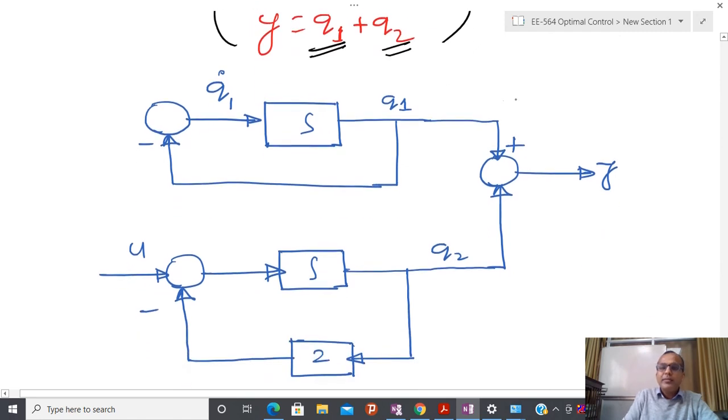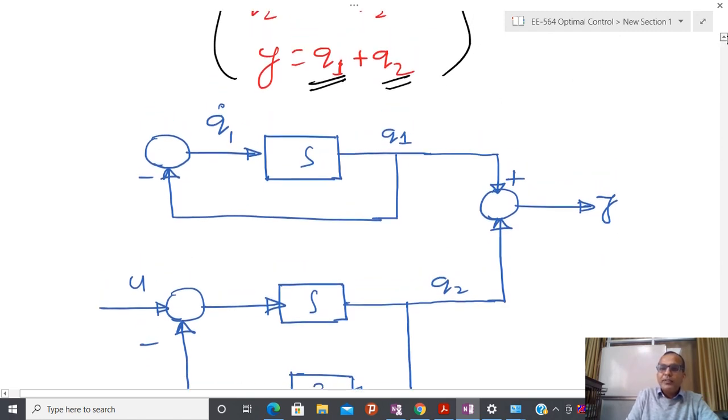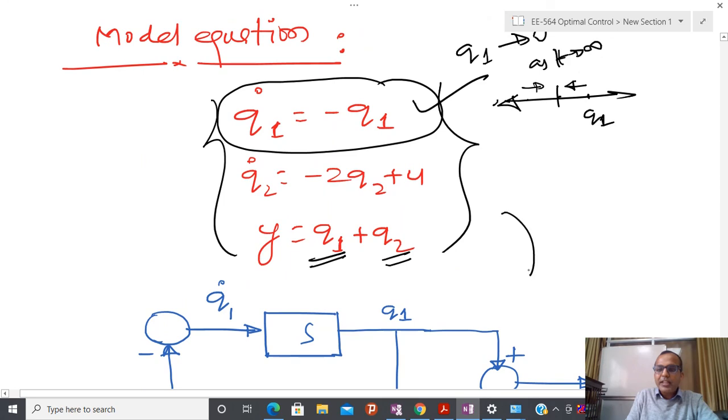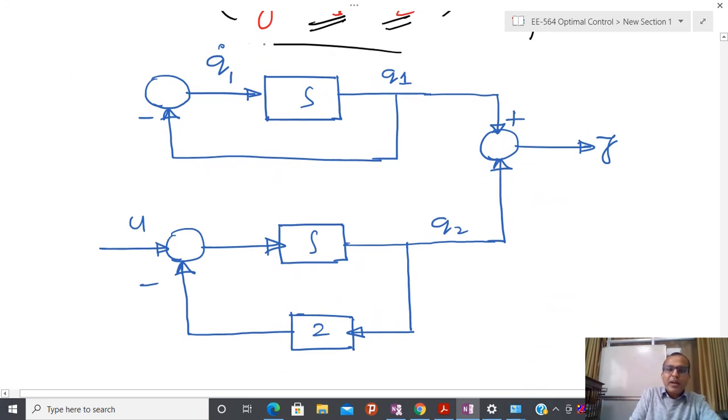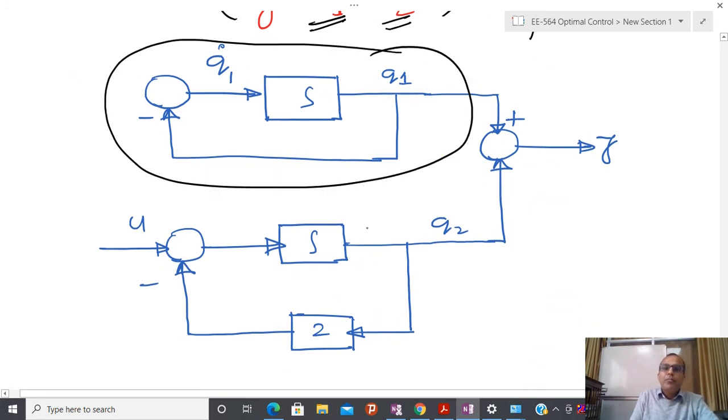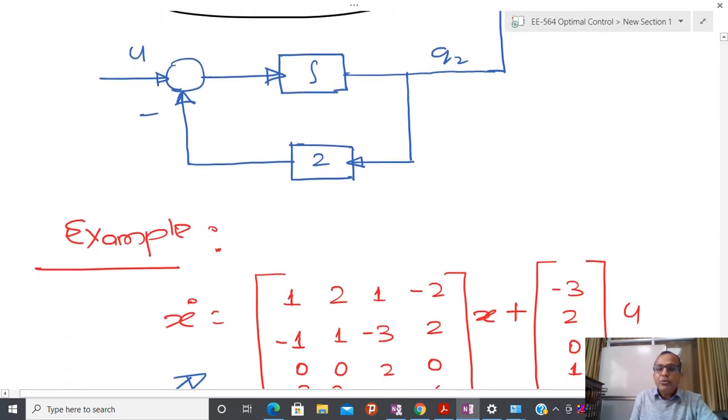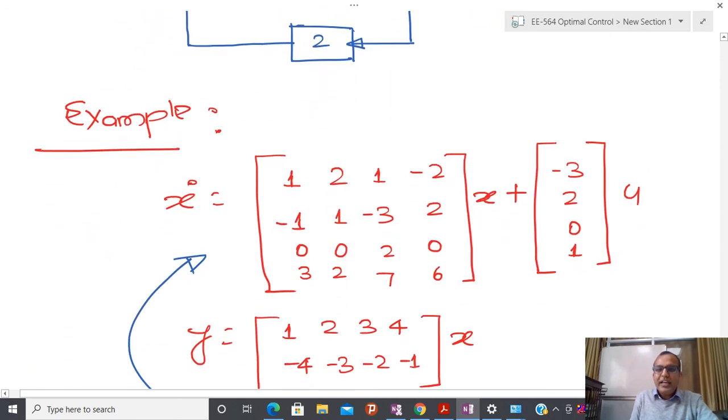If you draw the block diagram of this system after transformation, then you can easily understand that control does not appear across this block, and due to that reason this block is not controllable. But at output y, you can see that q1 and q2 both appear, and due to that reason the system is observable. So in this way I can talk about controllability and observability.